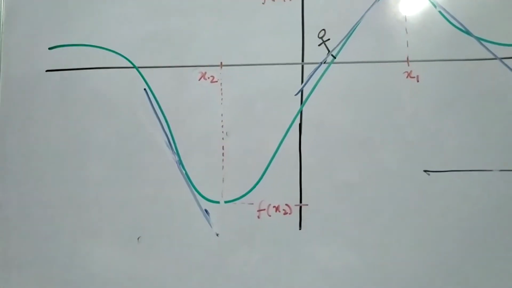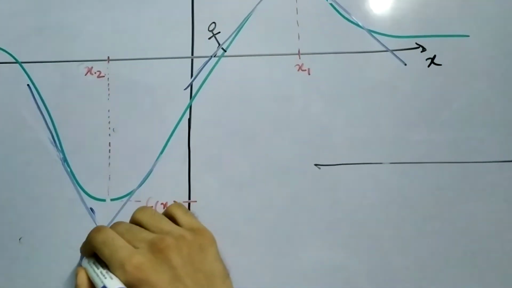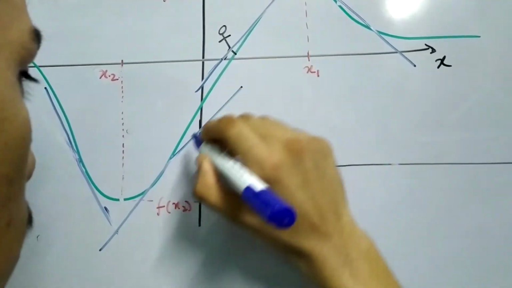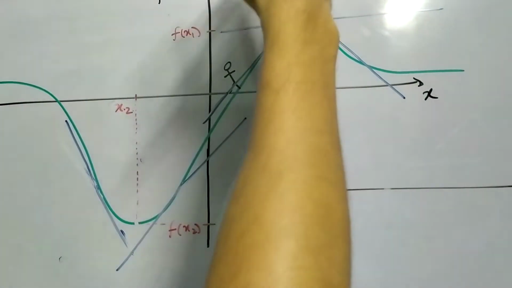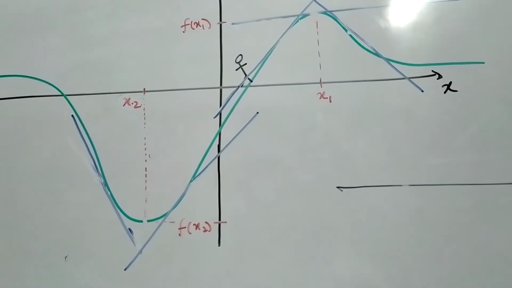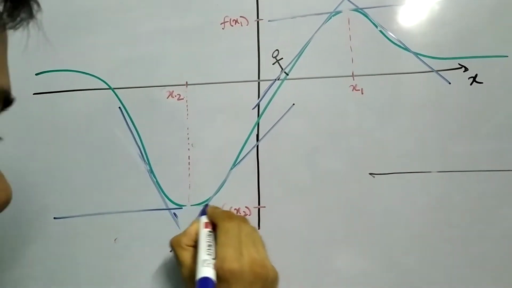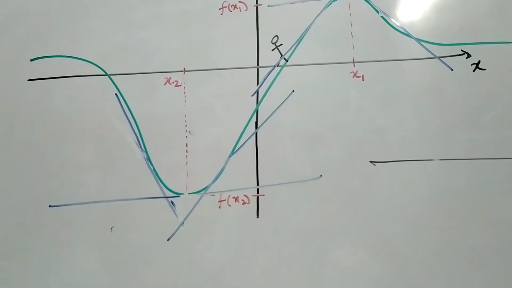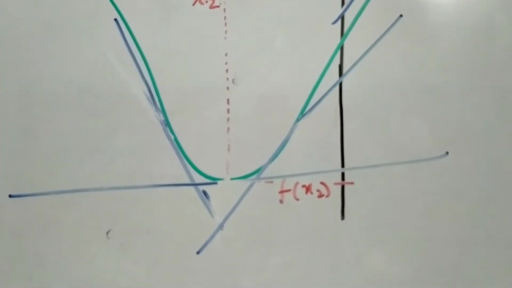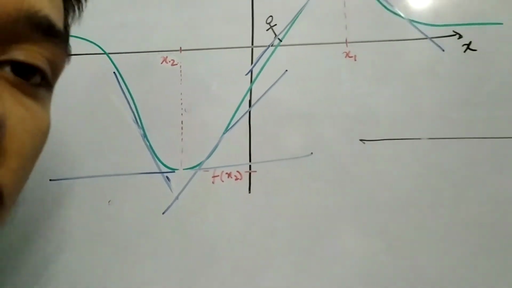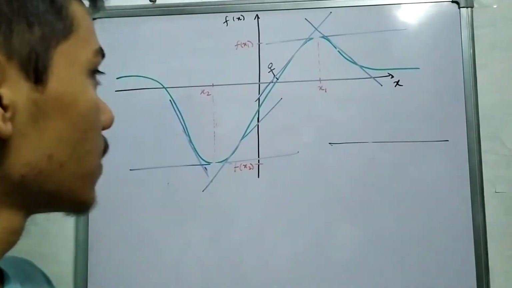After you have crossed x2, after you have gone through the minimum, the valley, the function starts to increase, and the slope becomes positive. And in between, right at x2, right at your minimum, it becomes 0.